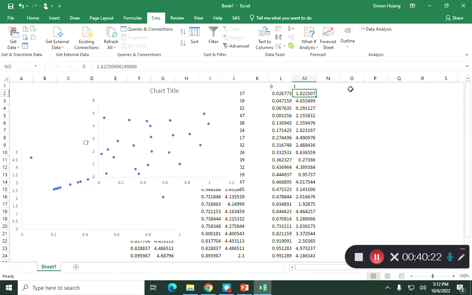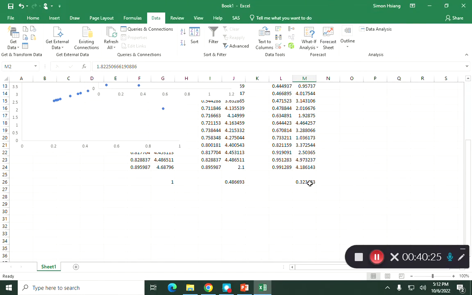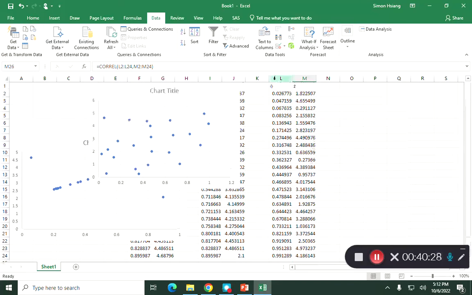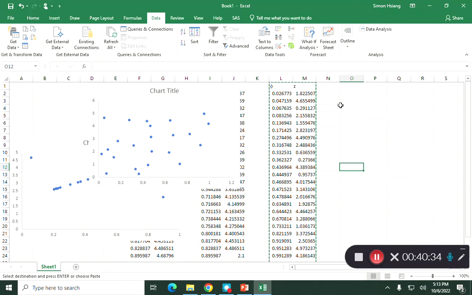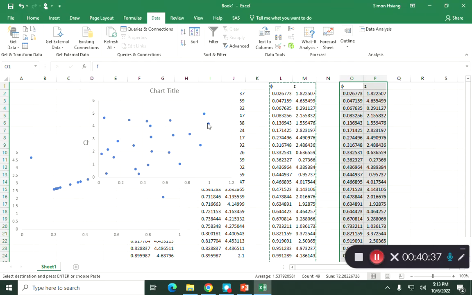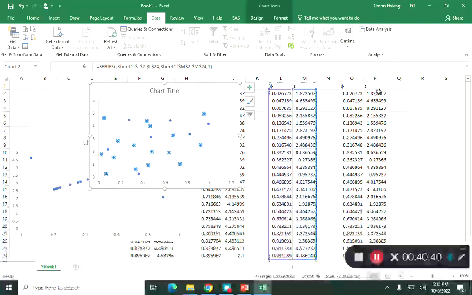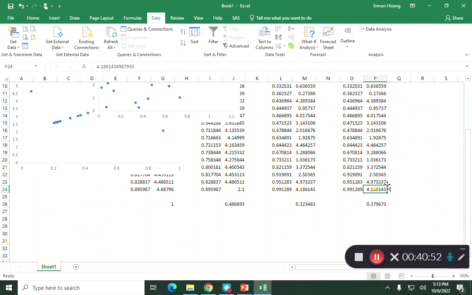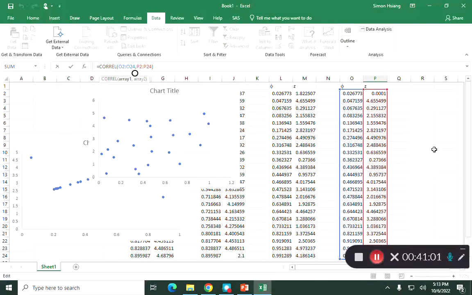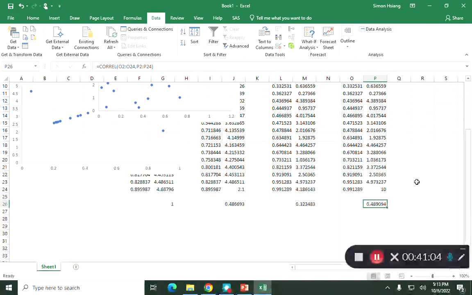Okay, so let me just make this. If you calculate a correlation coefficient, originally it's 0.3. Nothing important. Now if I can make this one extremely small, 0.001, and make this one extremely big, 10, and if you look at the correlation coefficient, it can improve quite a bit.